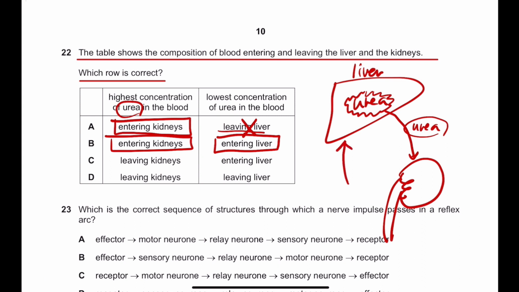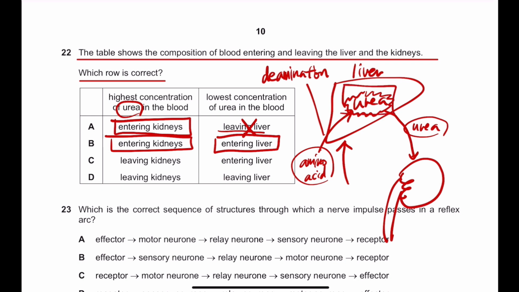The blood that enters the liver does not contain urea at the moment. As the blood enters the liver, the things inside the blood, especially amino acids, get broken down and go through a process called deamination, and produce urea. So B is the answer for this one.